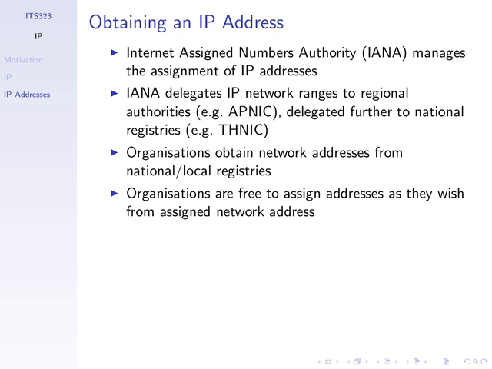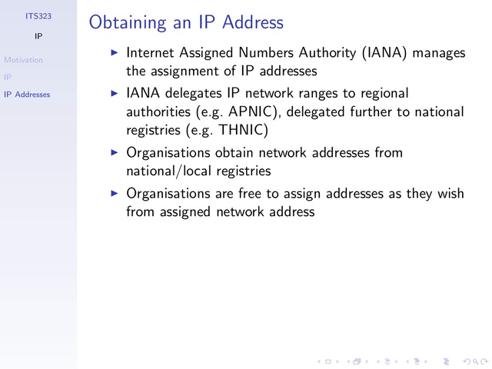What it does is it takes the space of IP addresses, allocates some to one region of the world, one to North America, one to Europe, and one set of IP addresses to Asia Pacific. So in the Asia Pacific region, there's APNIC, which is an organisation that manages the assignment of IP addresses in the Asia Pacific region. And in fact, that delegates the management to national authorities.